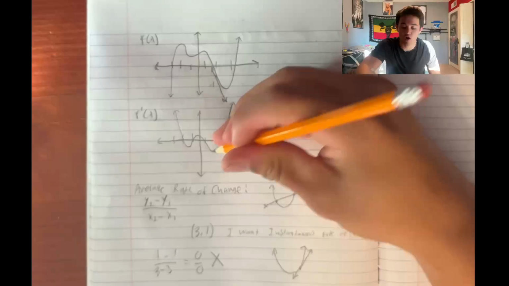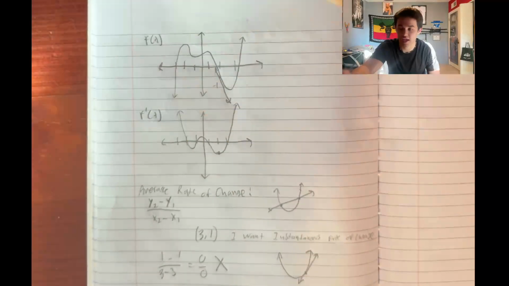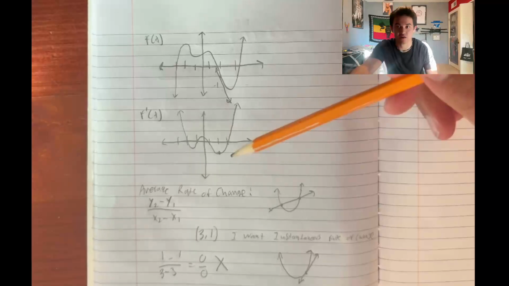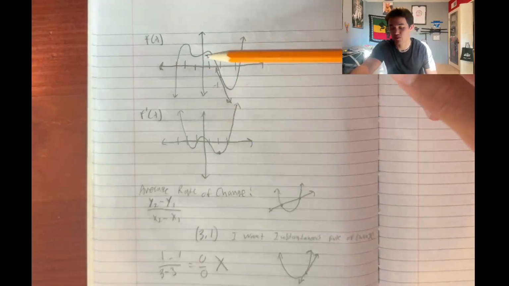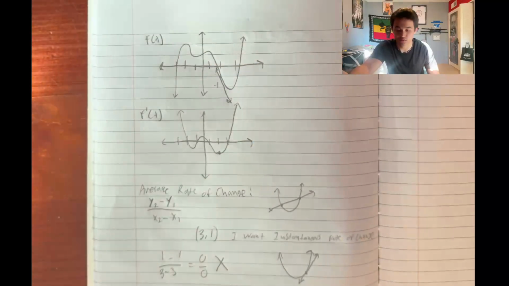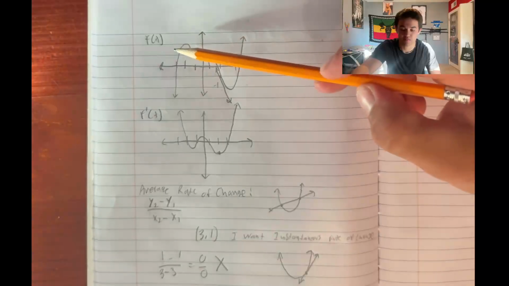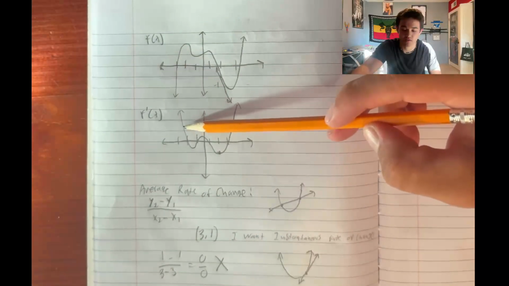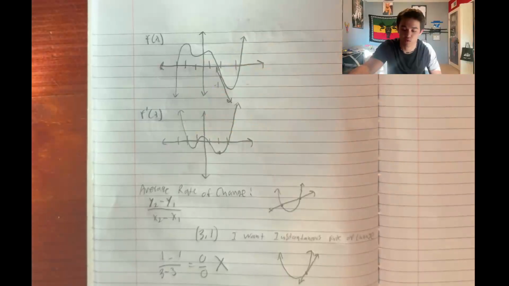So basically all the points on the derivative graph, or the f prime of x graph, the y values are what the slope is on the f of x graph. So here, like, the slope is 1. Come down here, the slope's around 1.